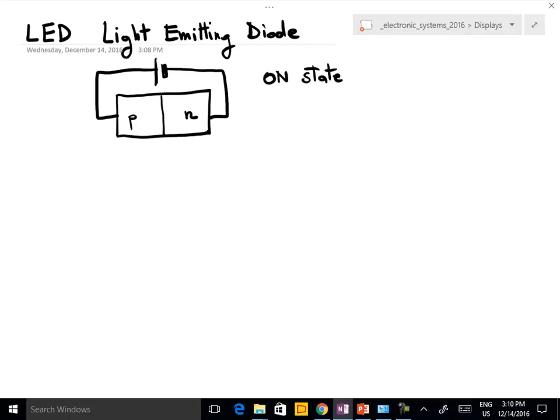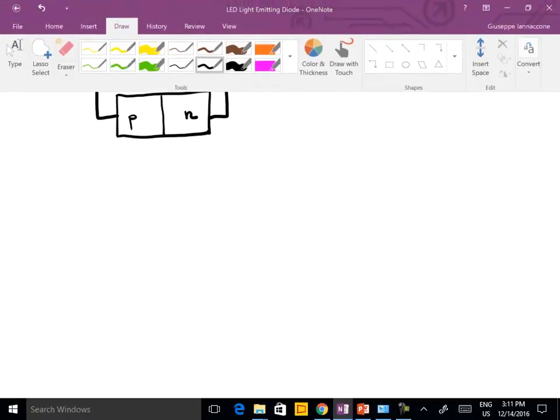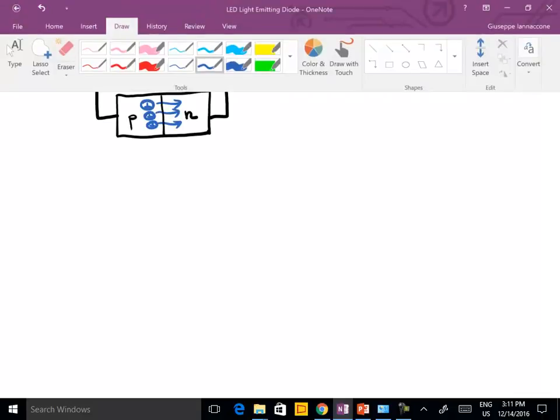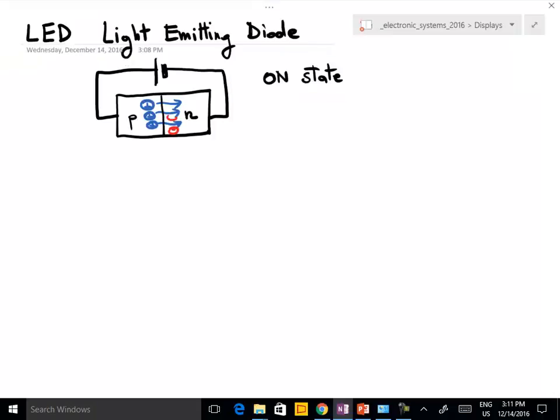You know that we have the simultaneous diffusion of holes in the n region and of electrons in the p region. So we have, in this situation, holes, let me show them in blue, that diffuse to the n region, and we have electrons, of which I have many in the n region, that diffuse in the p region.